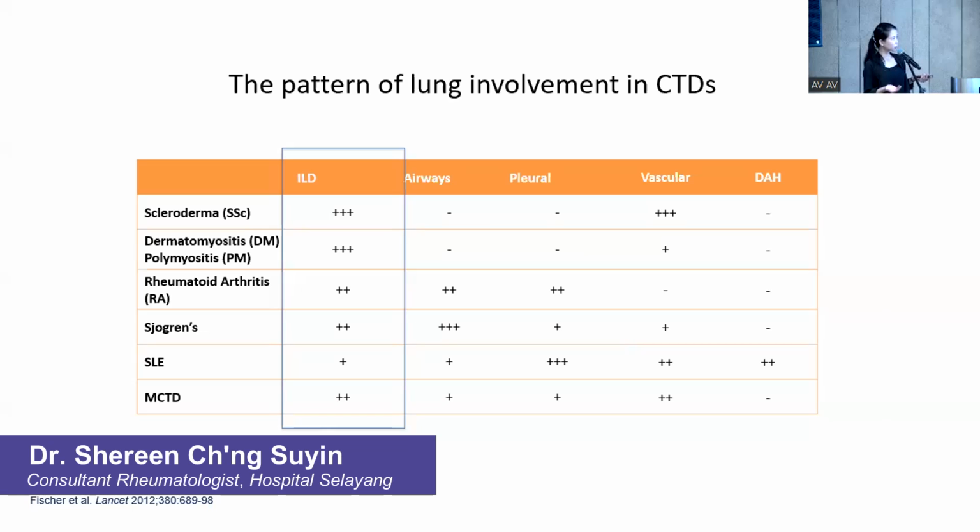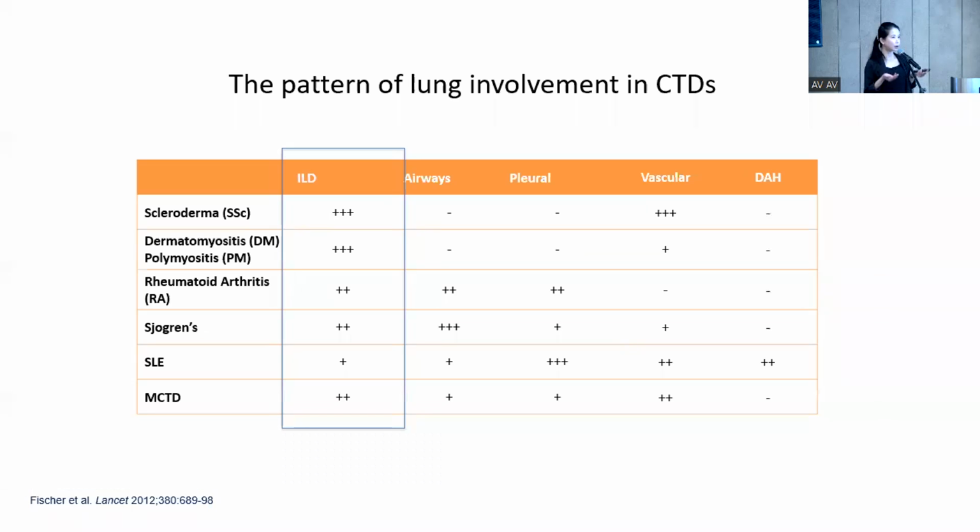And then, of course, also seen in rheumatoid arthritis. Amongst all the CTDs, rheumatoid arthritis is the commonest. It affects up to 2% of the population. And then we have the other less common CTDs with ILD, which are Sjogren's, systemic lupus erythematosus, or SLE, or lupus as it's commonly called, and mixed connective tissue disease.